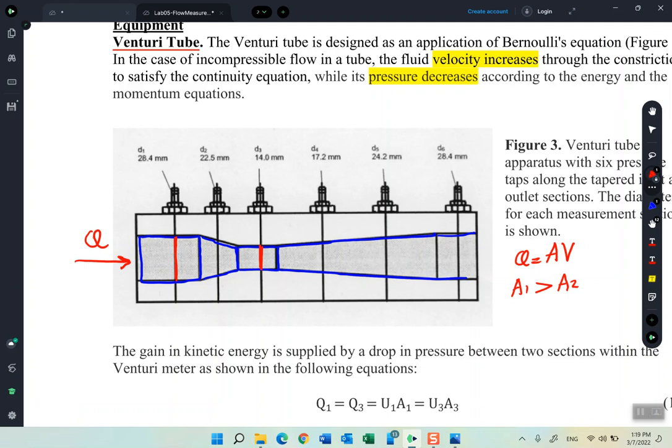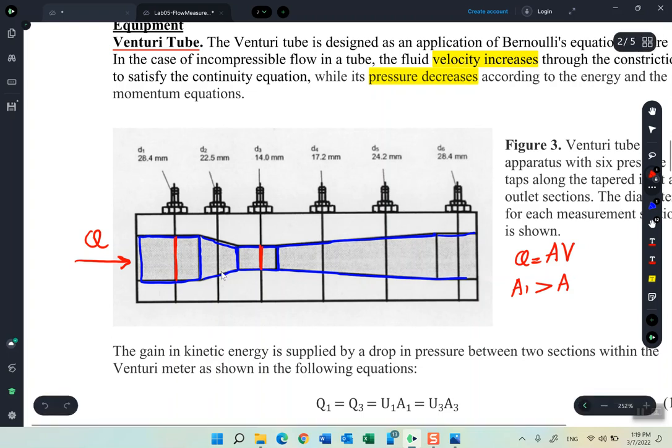So what about the velocity? Let's just consider section 1 and section 3. What is the relation between V1 and V3? Any ideas?